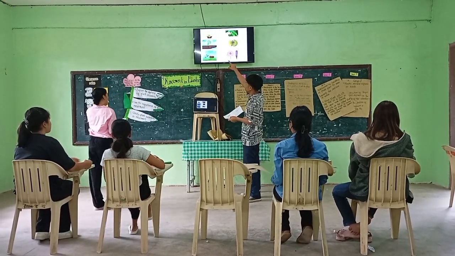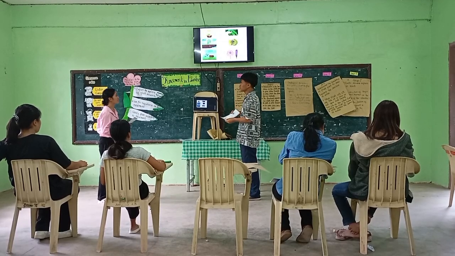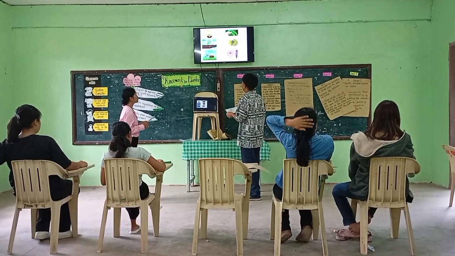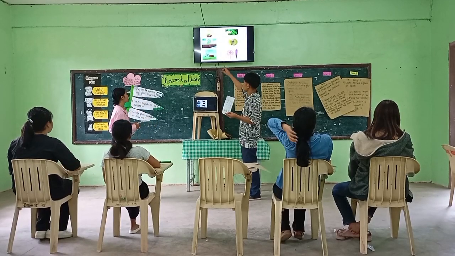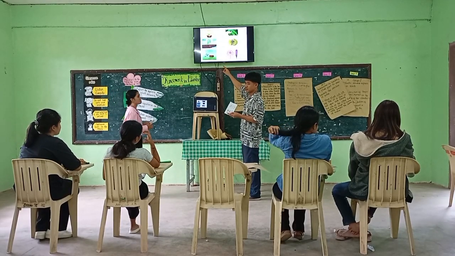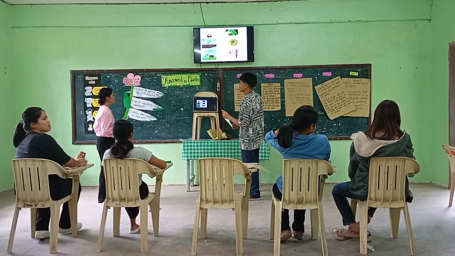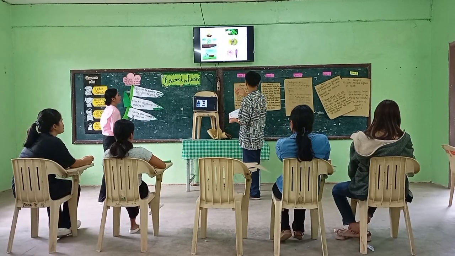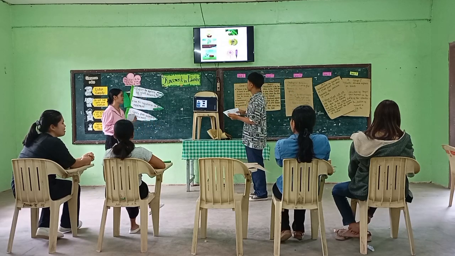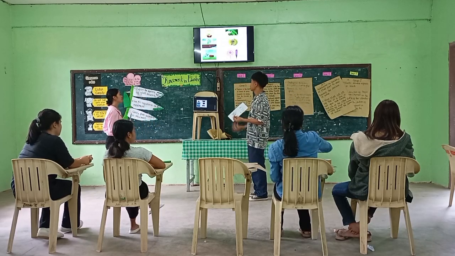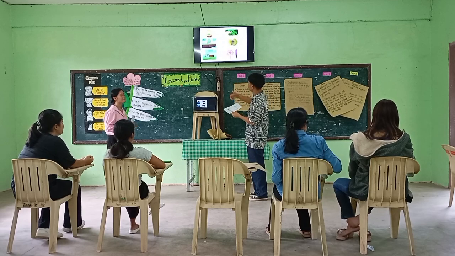Okay. The first picture shows phototropism and its stimulus is light. Then the second picture is hydrotropism and its stimulus is water, because it grows towards water. And then the third picture shows geotropism and its stimulus is gravity.